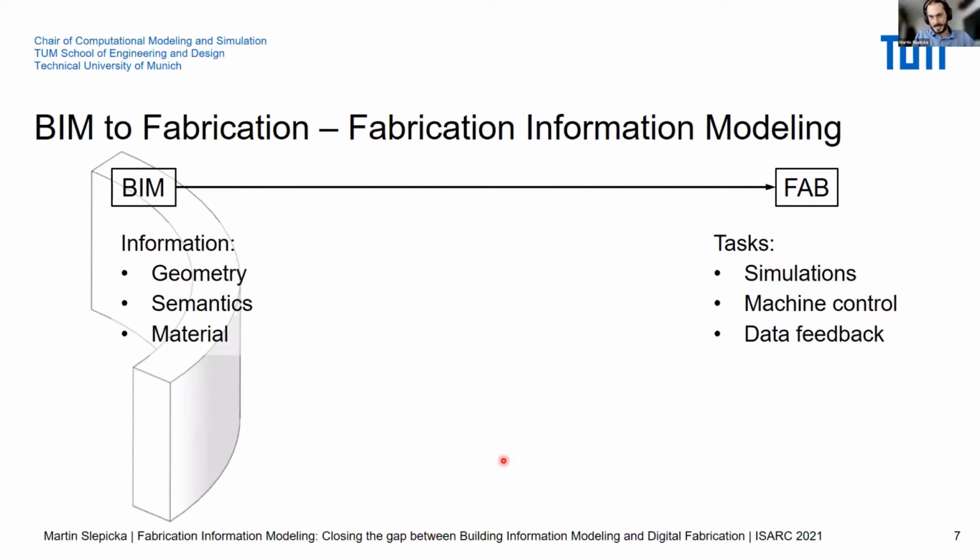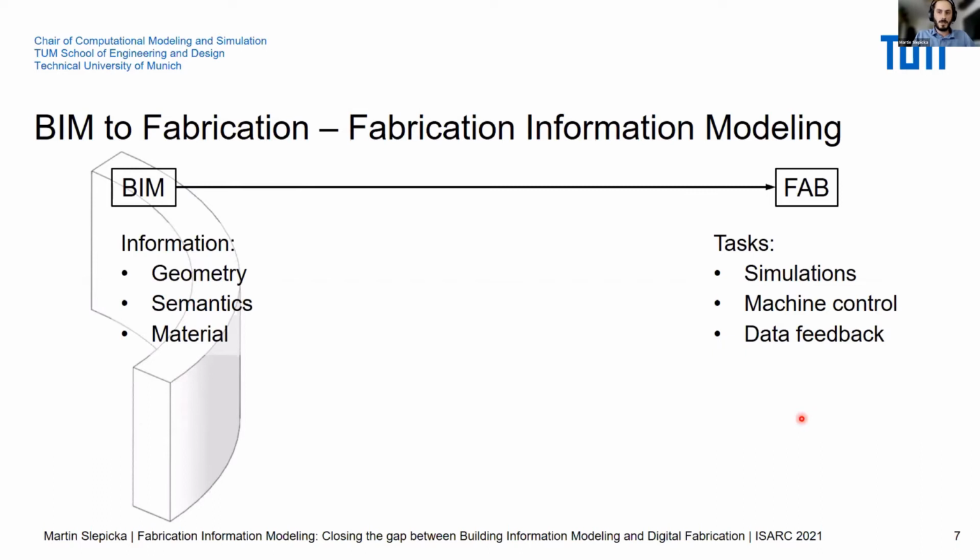But what is not yet possible is to design fabrication information. Fabrication is still done separately from BIM, and could be integrated when using digital fabrication methods, such as additive manufacturing methods. And for this, we want to implement an intermediate layer, the fabrication information modeling methodology.